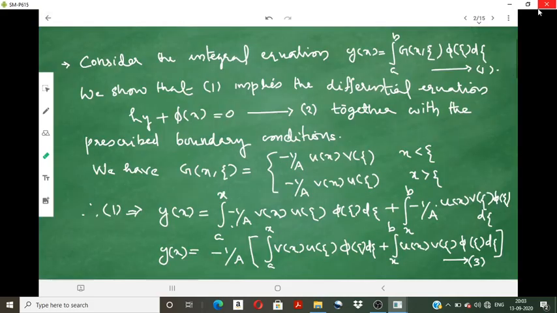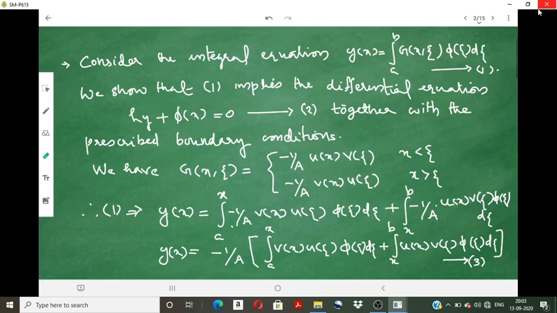Now we will show that the integral equation we have formed using the Green's function is equivalent to the differential equation, or the differential equation can be derived from the corresponding integral equation involving the Green's function.